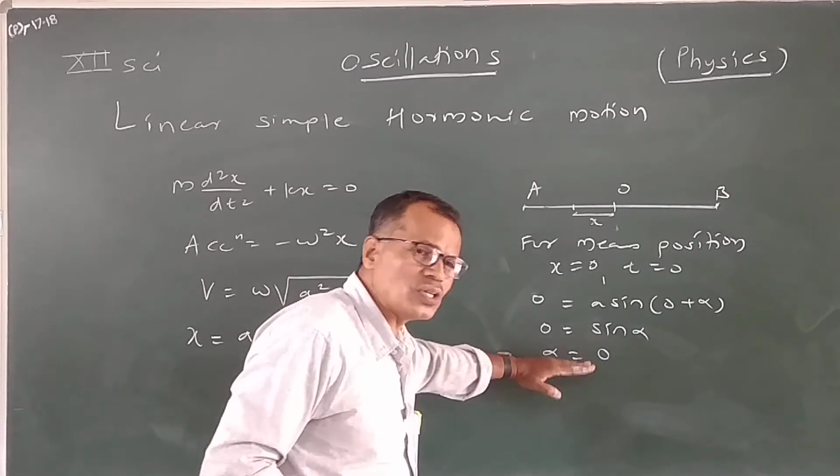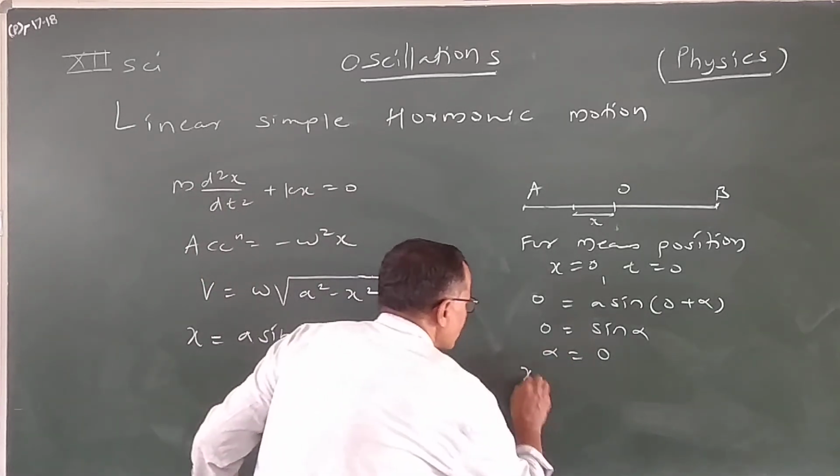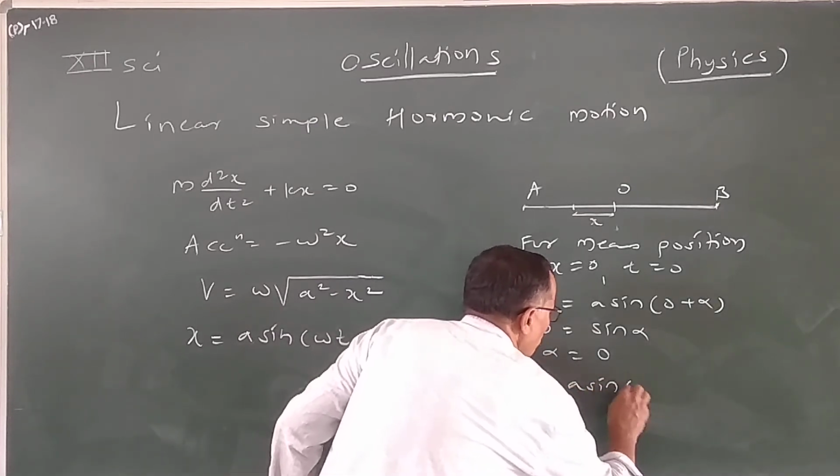Now put alpha equal to 0 in the equation. We get x equal to a sin(omega t plus 0), that is, x equal to a sin omega t.